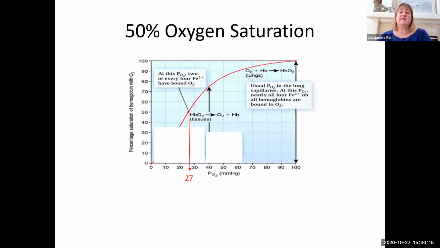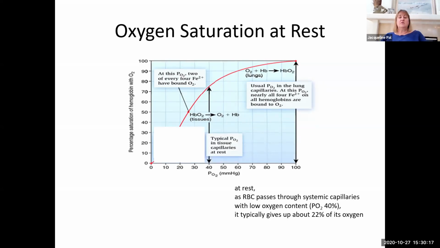So now that we understand 50% oxygen saturation, let's look and see what normally happens at rest and what happens at exercise. At rest, when the red blood cells are passing through the systemic capillaries and going from the arterial side to the venous side, what we have is a partial oxygen level of 40.